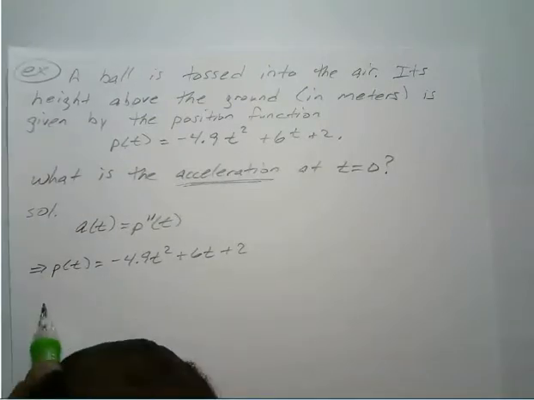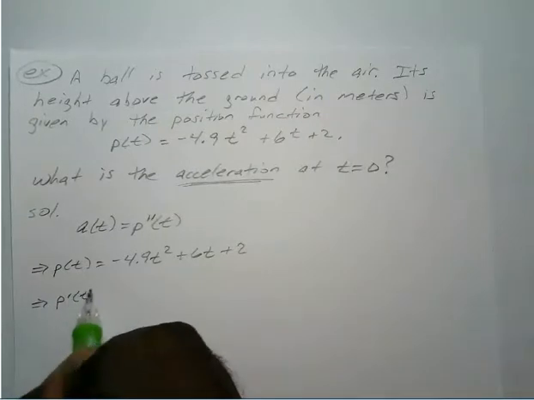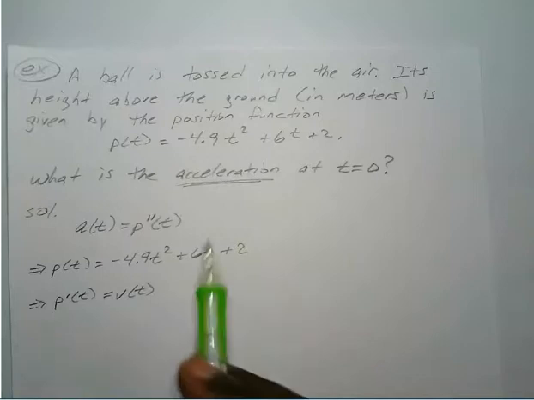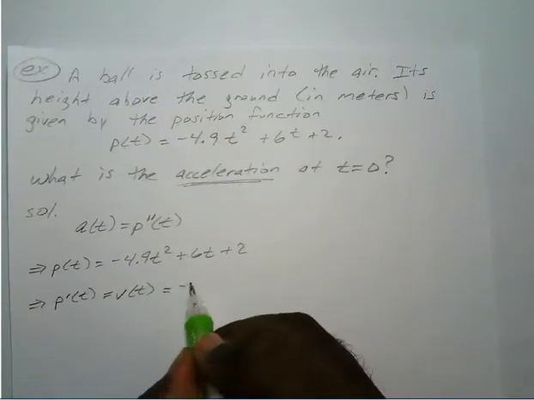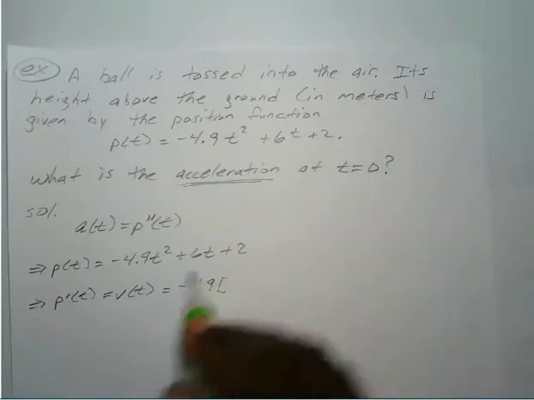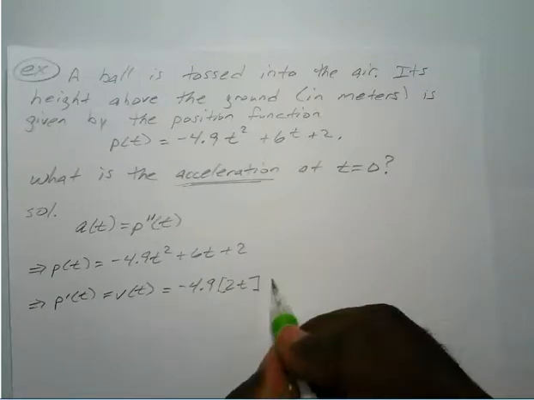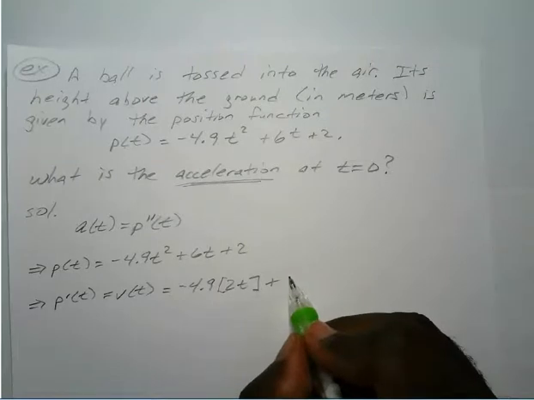And we know that our velocity function is the derivative of your position function, which is negative 4.9 times the derivative of t squared, which is 2t, plus the derivative of 6t, which is 6.